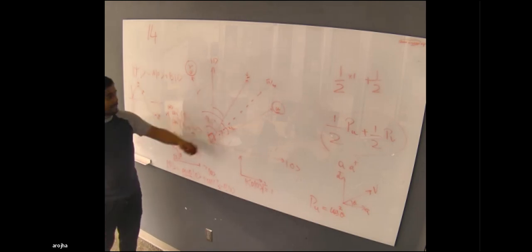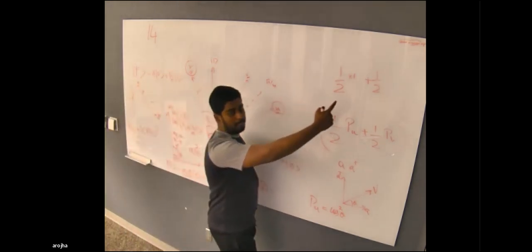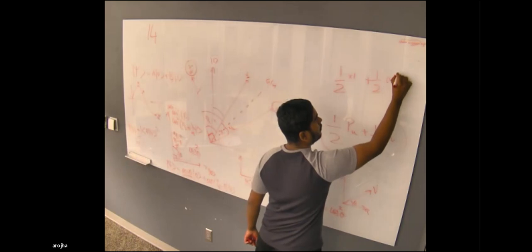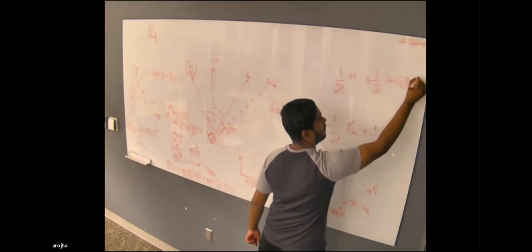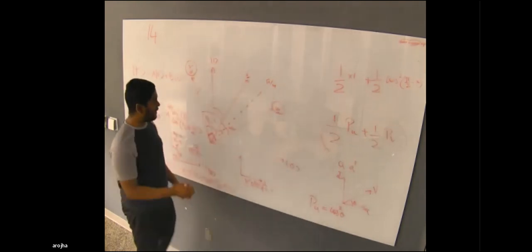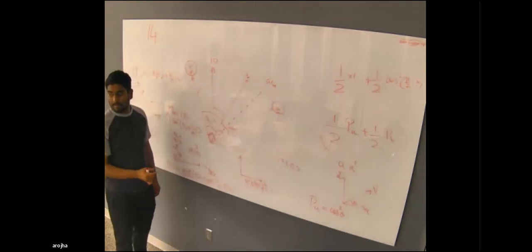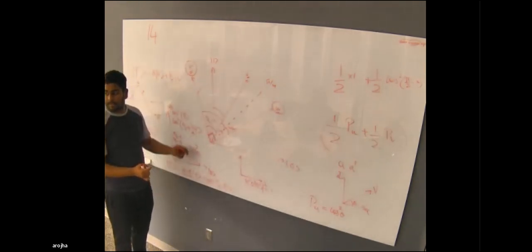So this equals cosine square of 90 degrees minus x, because I need the angle between these two.